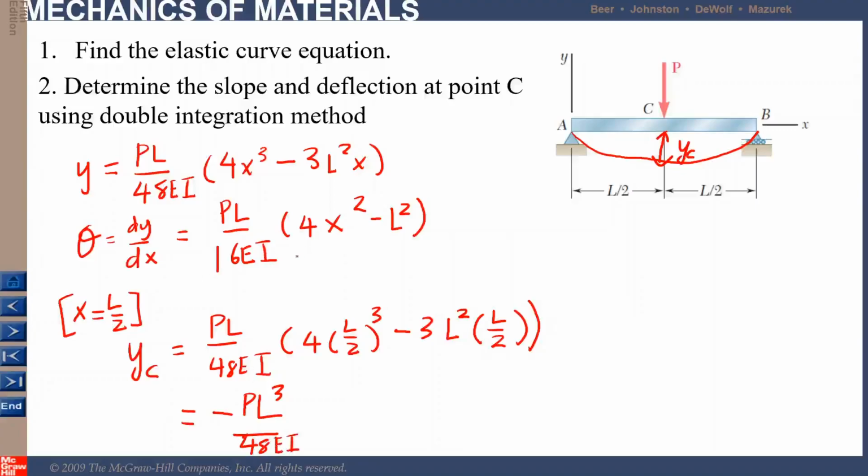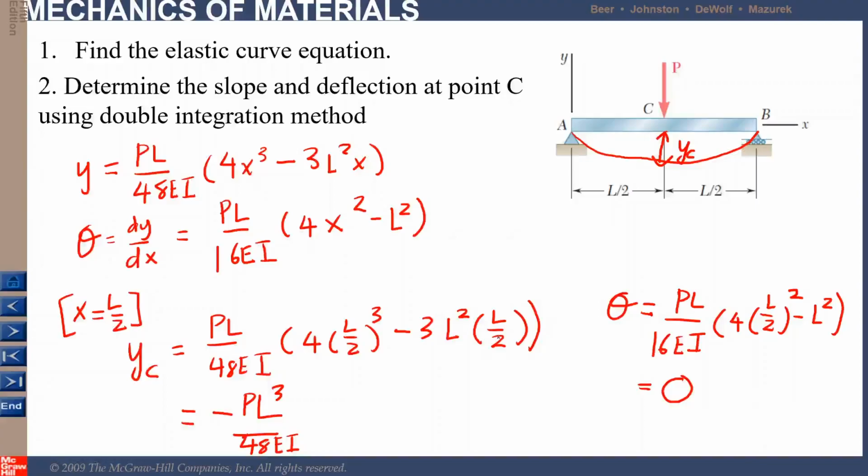And for the slope at x equal to L over 2, we can put the value here, PL square over 16 EI times 4 times L over 2 squared minus L over 2, and we will get 0.